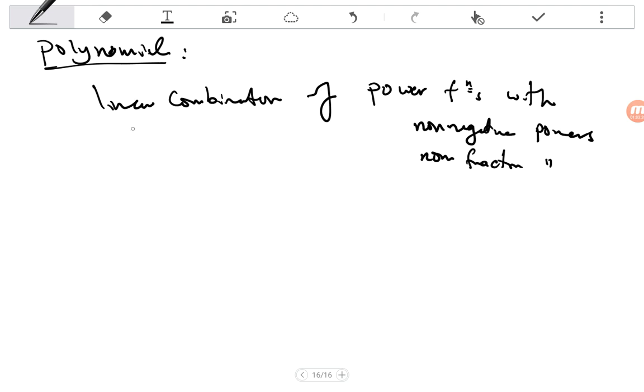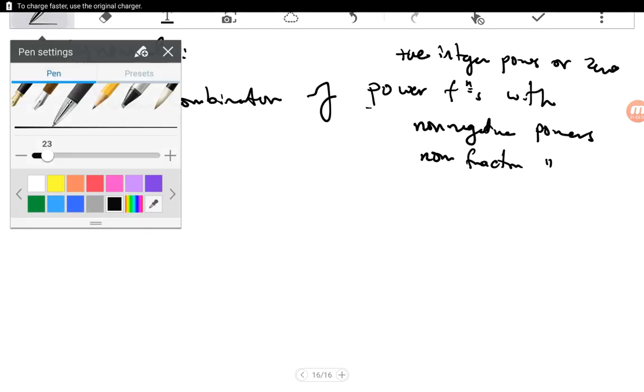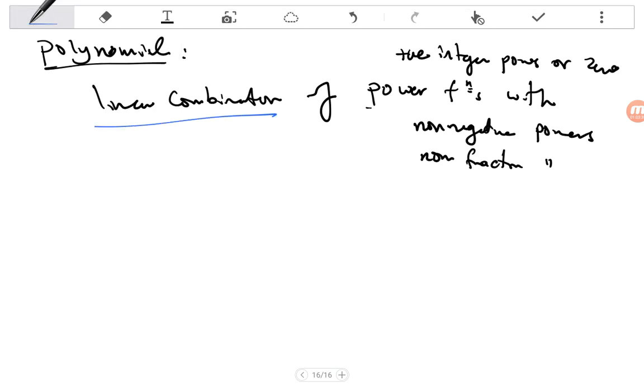Or we say a linear combination of power functions with positive integer powers or 0. What is meant by that? What is meant by a polynomial? What is meant first by linear combination?